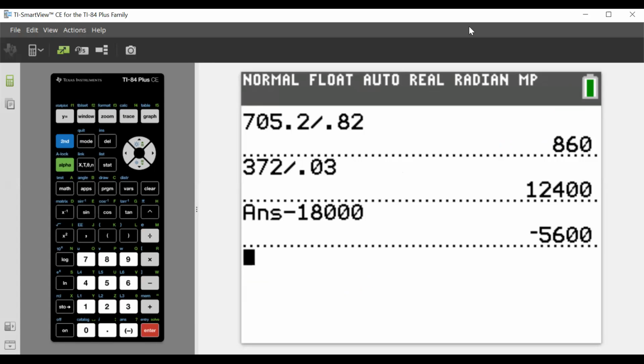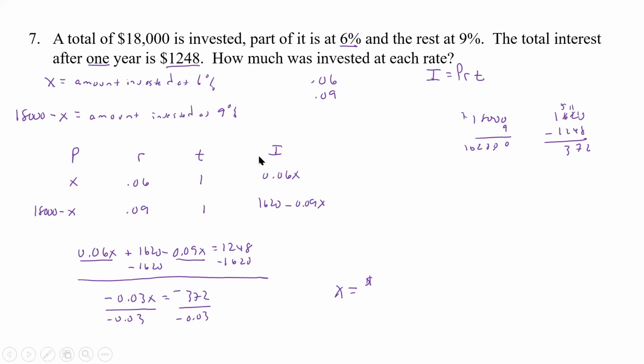So 12,400 at 6%, and 18,000 minus x is going to be 5,600 at the 9%.